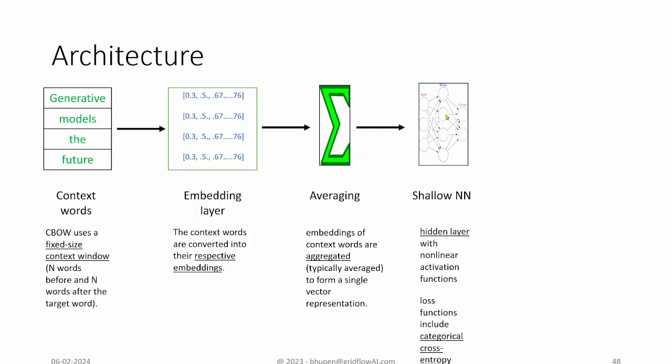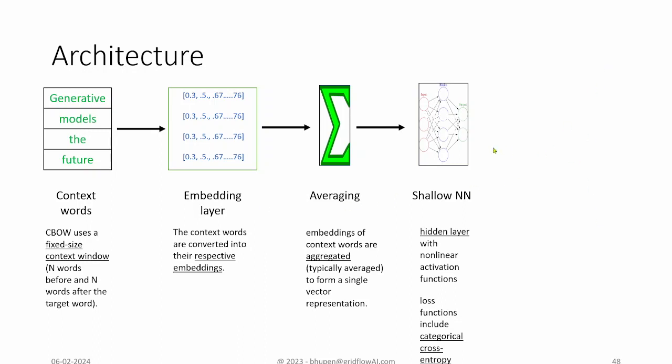Then a standard neural net or multi-layer perceptron with one hidden layer for nonlinearity. And the loss function is categorical cross entropy, because we are talking about multiple predictions. In fact, as many words as you have in the vocabulary, that many classes will be predicted.